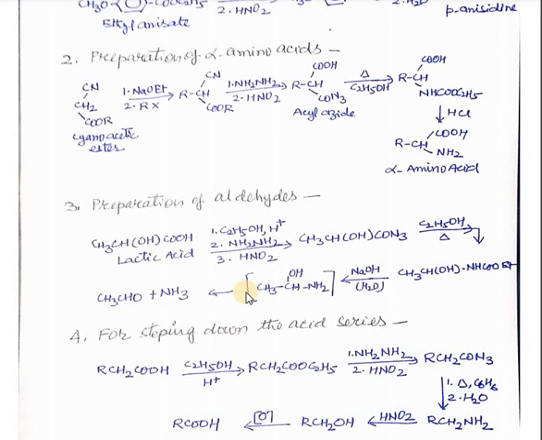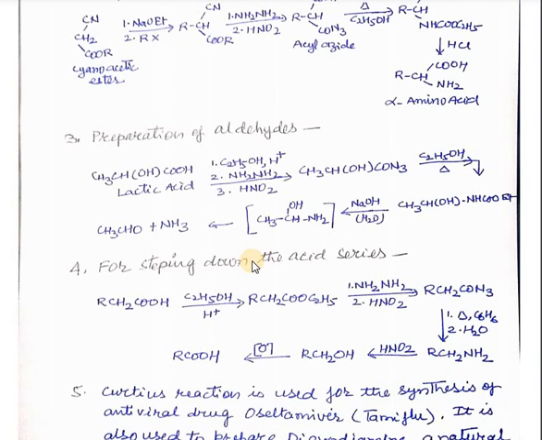Now the fourth application of this reaction is for stepping down the acid series. Acid of one less carbon atom can be obtained by this reaction. So this is acid RCH2COOH.